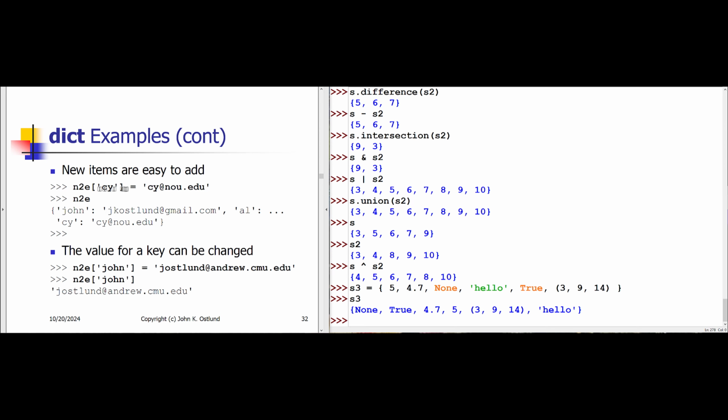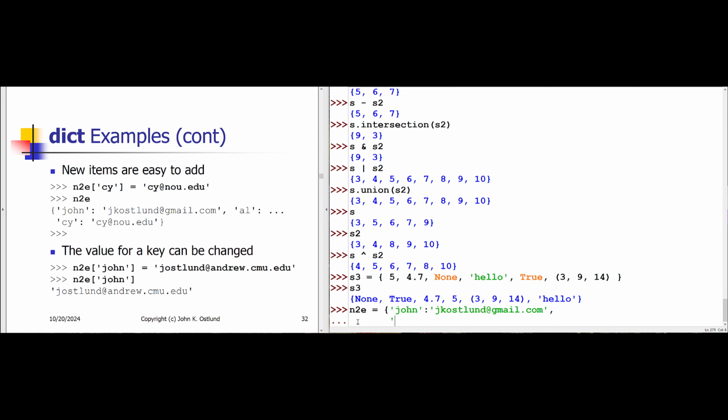New items are easy to add. Let me just retype my original N2E dictionary. Okay, so John is associated with jkostlund@gmail.com.